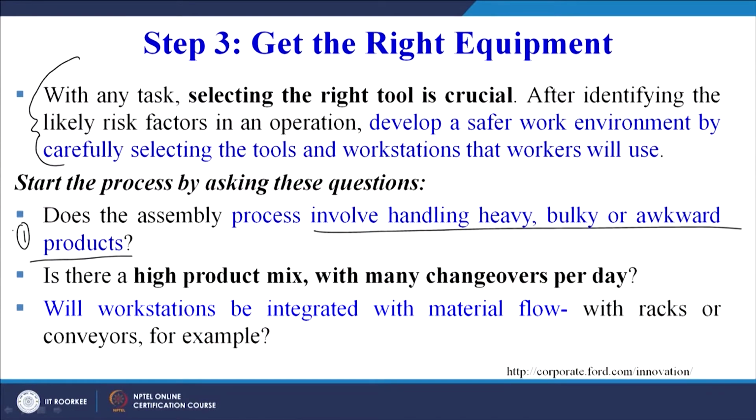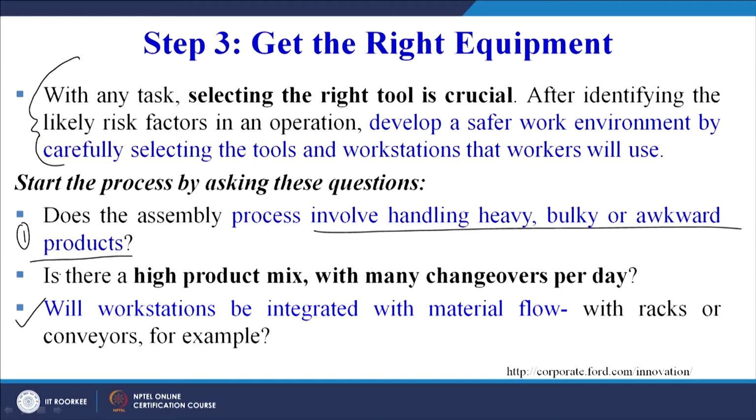Then, will the workstations be integrated with the material flow, with racks or conveyors, for example? We will see one diagram in the subsequent slides where a worker is working on a particular machine and there is an adjacent conveyor belt which is carrying the finished product to the next station.